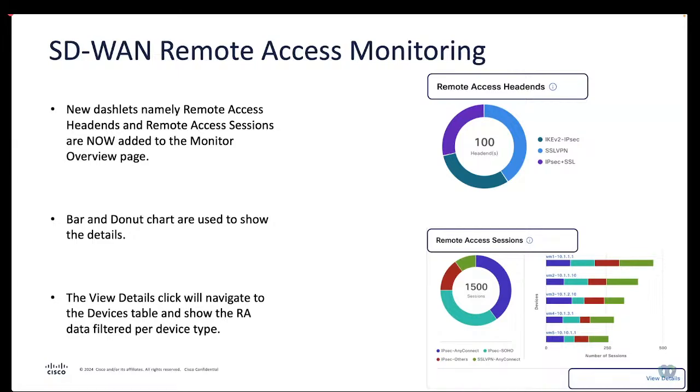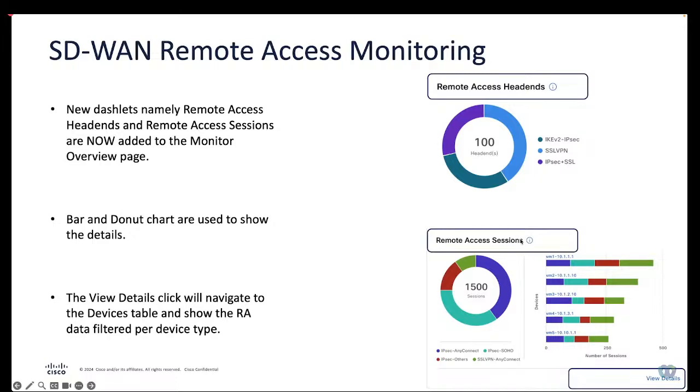So now from your SD-WAN Manager, you have two new dashboards that provide the monitoring insight into your SD-WAN remote access. As you can see, we have two new dashboards here: remote access headend and remote access session. The remote access headend is giving you the visibility into how many remote access headend devices you have in your network, and the supported remote access mode, like the IPsec or the SSL VPN or the combination of both.